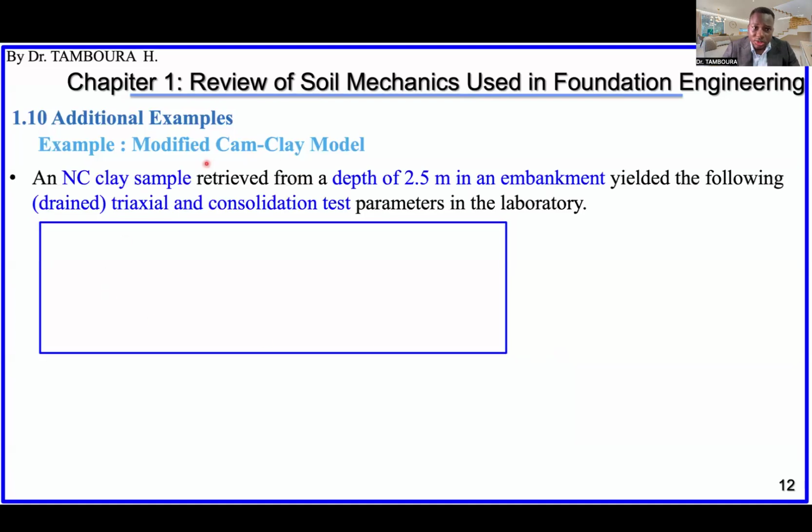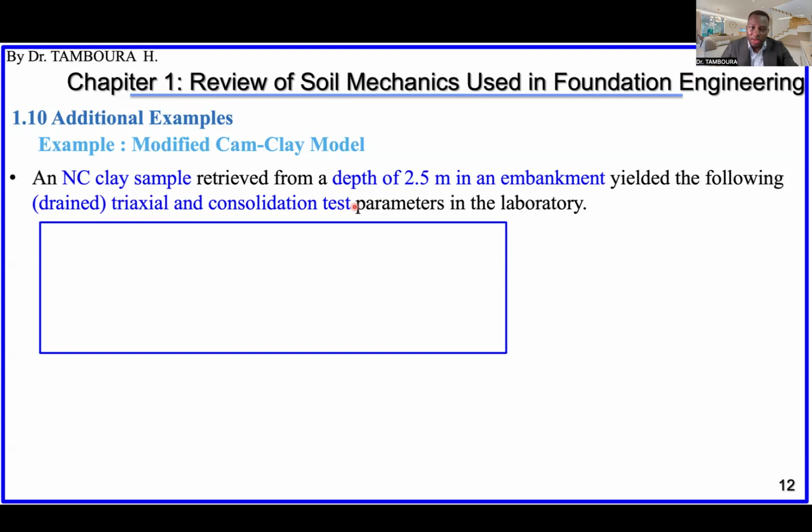This is an example considering a normally consolidated clay sample, which is taken from 2.5 meters in an embankment.